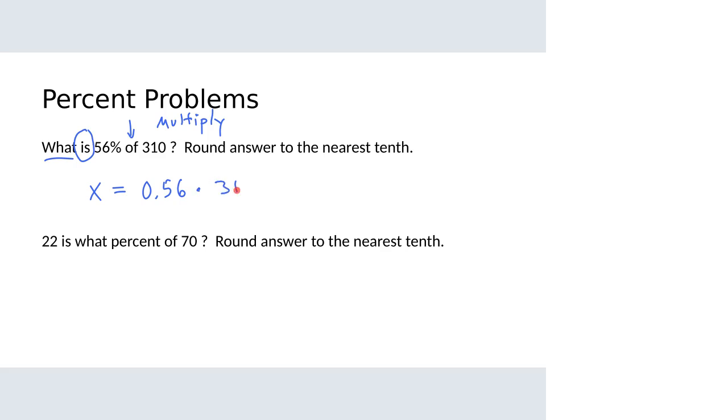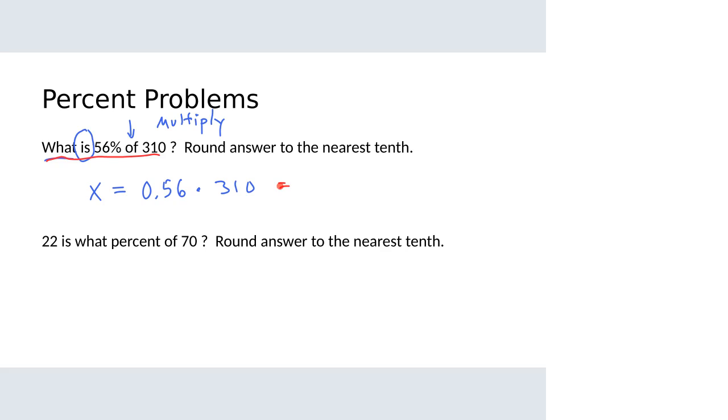310 is just 310. And so what we've done is we've translated this from words into an equation that we can work with. What is 56% written as a decimal of, which is multiply, 310? The only thing we need to do to get x by itself here is just actually multiply those together.